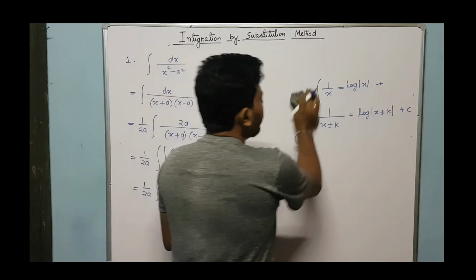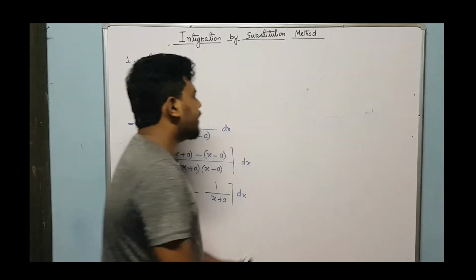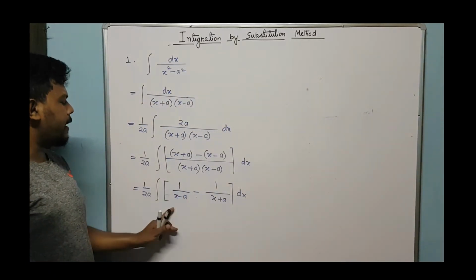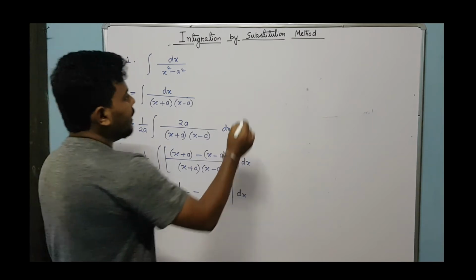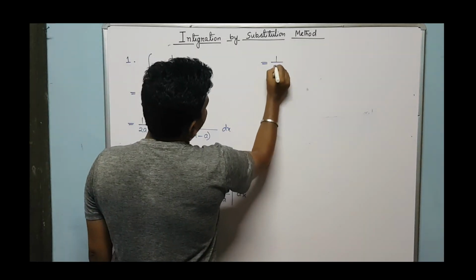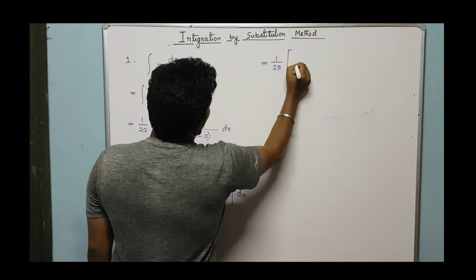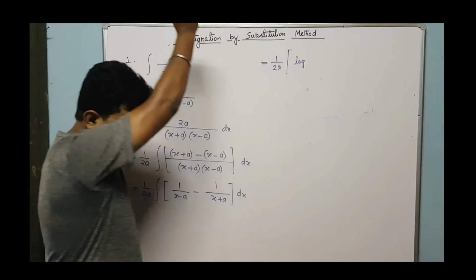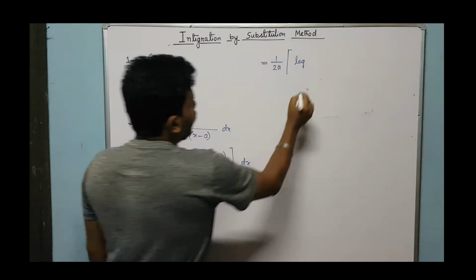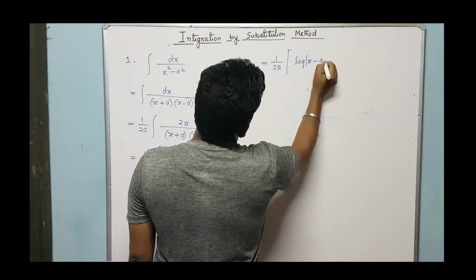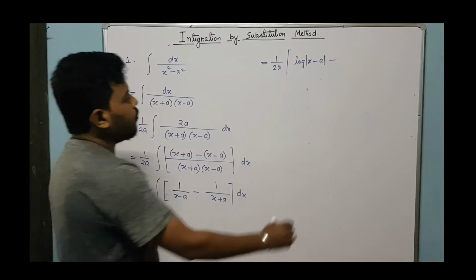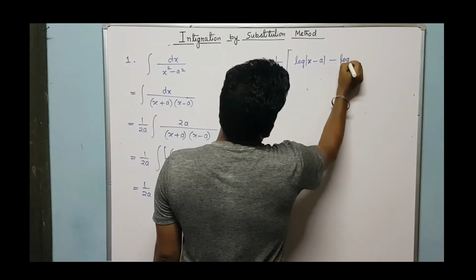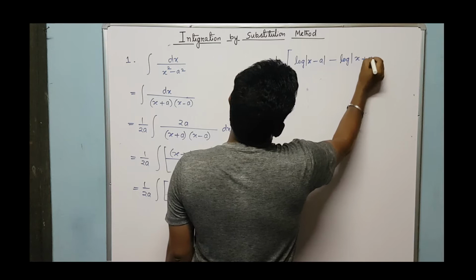So now we have similar cases here. This is 1 by x minus a and this is 1 by x plus a. If I integrate them, I will get 1 by twice a into, for 1 by x minus a, log of mod of x minus a, and for 1 by x plus a, log of mod of x plus a.